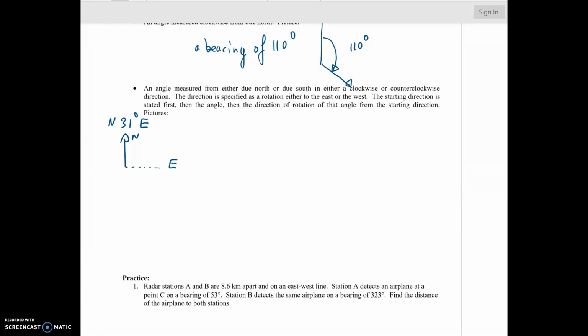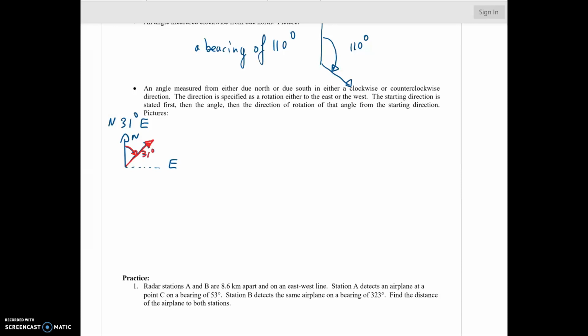East is on the right. Well, that's north. This is 31 degrees to the east. And actually, let me represent that in red. Okay, so right here, I got 31 degrees to the east.